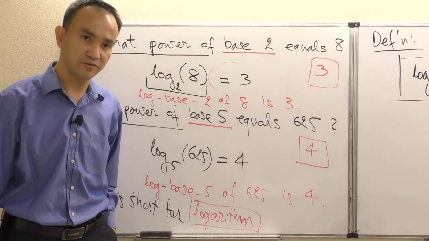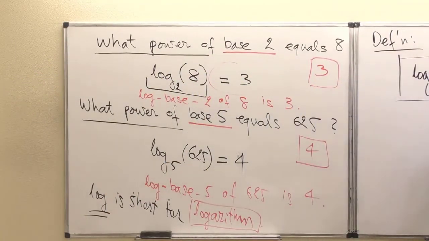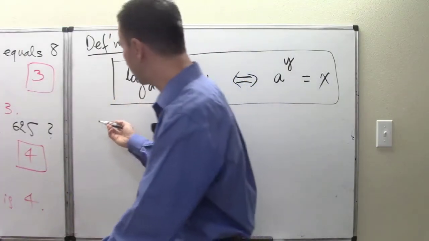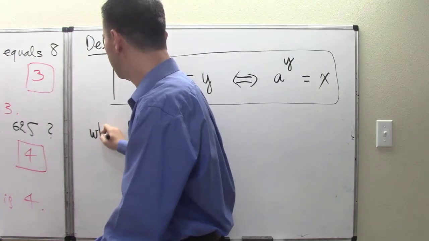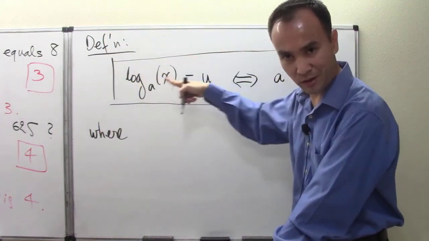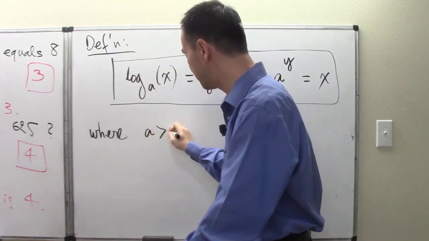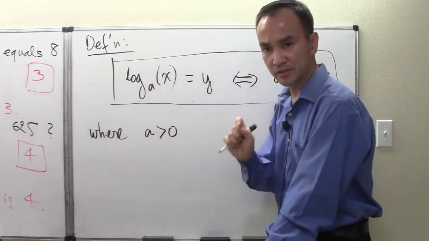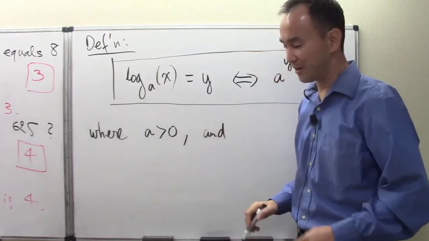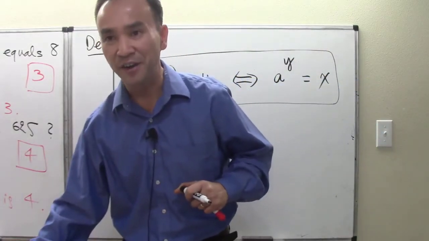So now I'm adding into this definition right here, this is the primary understanding about what a logarithm is, but now another requirement: the base right here has to be a positive value. It has to be a positive value, and further, there's one more thing. Okay, so now let me get back to the other board and clarify a couple things.